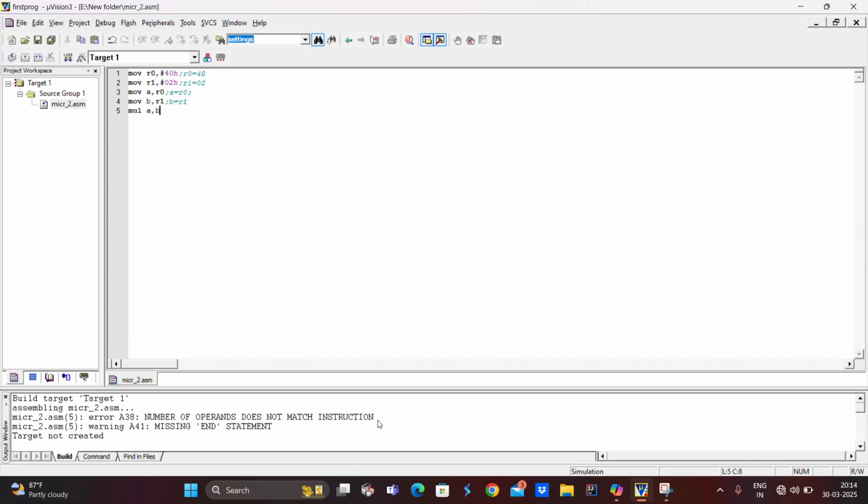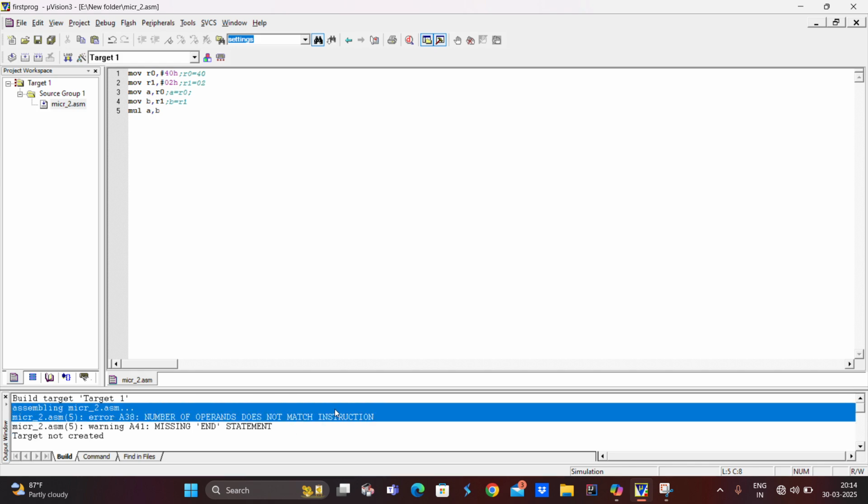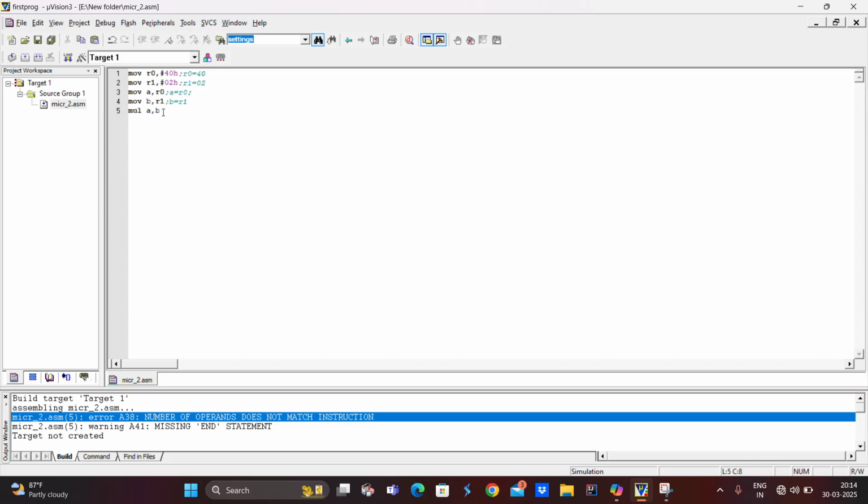It again gives an error: number of operands does not match the instruction. According to the multiplication instruction, there should be no comma between the operands. When you give the comma, it considers A, B as one register, but it wants two. So let us remove this comma and see what it gives.